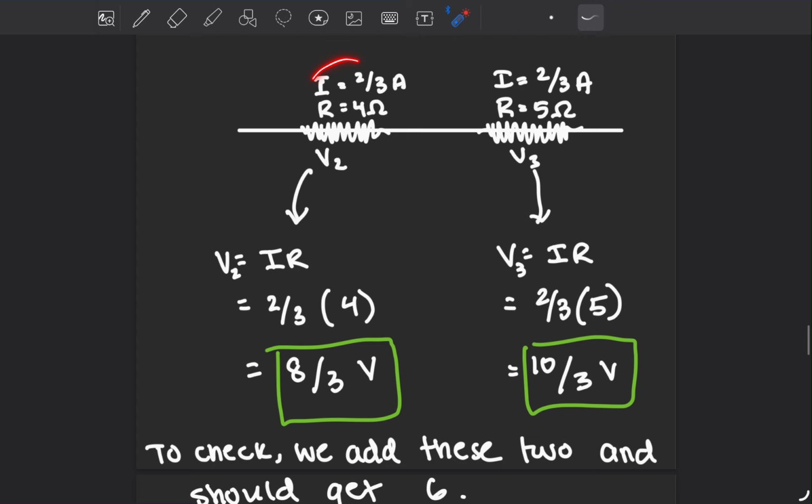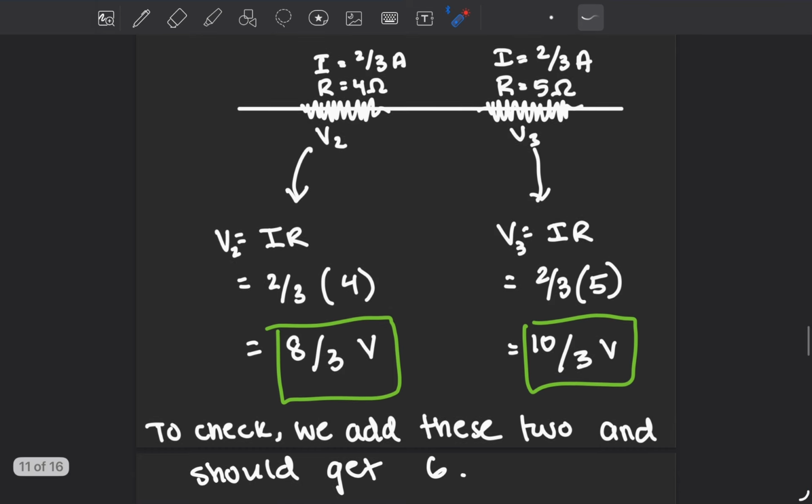So if we know our current and we know our resistance for each of these two, we can find the voltage for both. So the voltage of this one on the left here: current times resistance, 2/3 amps times 4 ohms gets us 8/3 volts. And since we do know that it's 6 volts going through it, you can technically use deduction to figure out the remaining voltage for the other portion.